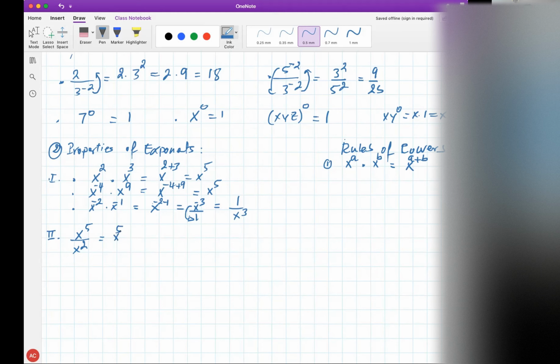You're going to subtract the 2 powers. So instead of adding, when you have a multiplication, here with the division or a fraction, you subtract the 2 powers this way. 5 take away 2, which is x to the 3rd. That's it. We just simplified this into that. And again, these could be different signs, so whatever, just subtract them, whatever the value is.